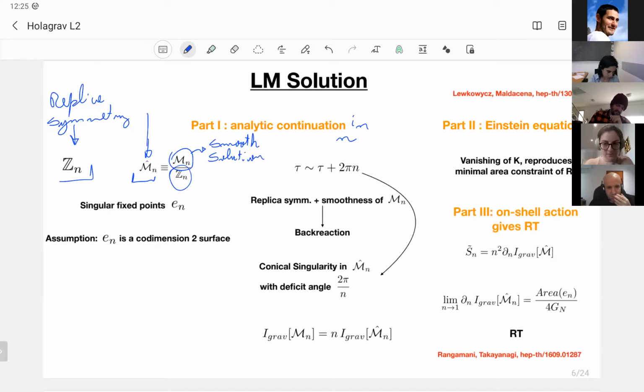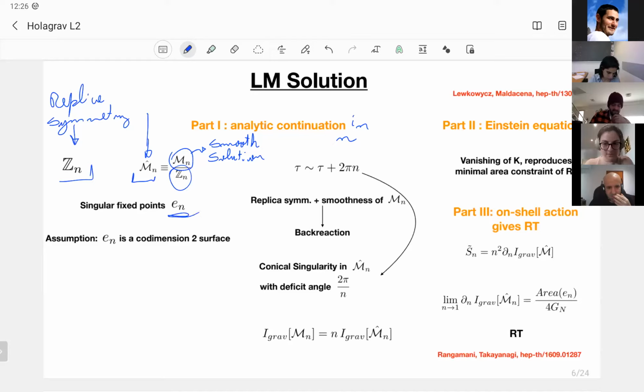But this cousin has a, how we say, a codimension 2 surface where the fixed points of the symmetry set n leaves, these are going to be a conical defect.